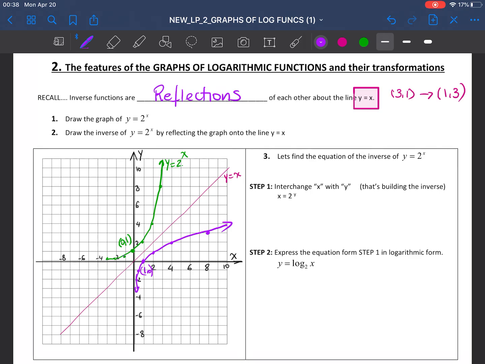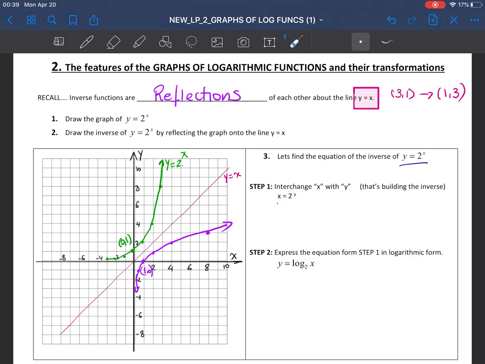So let's find the equations. We're going to do a little bit of algebra here. So remember the steps to finding the inverse of a relation. We're going to start with the exponential y equals 2 to the power of x. So step number 1 is interchange x with y. So instead of y equals 2 to the x, now we'll write x equals 2 to the power of y. Step number 2, we have to express this in logarithmic form.